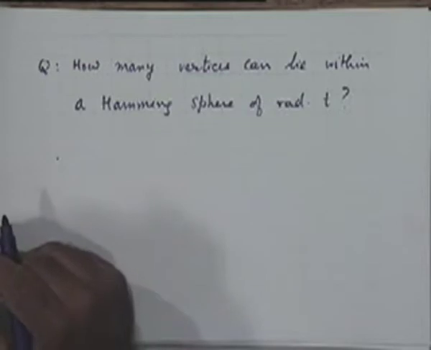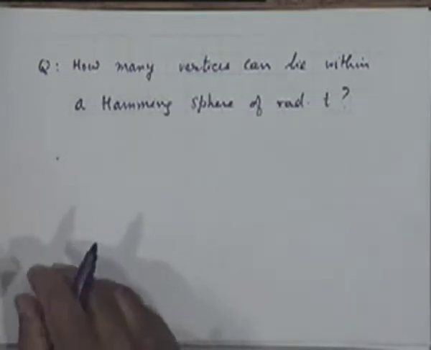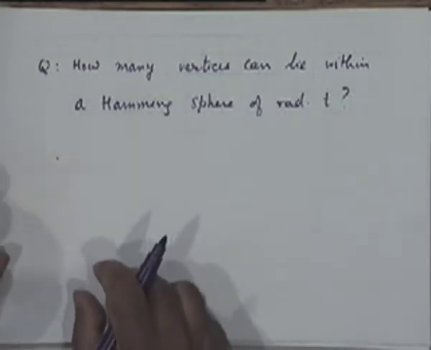What is the characteristic of all these vertices which lie within a Hamming sphere of radius T? We can think of them as if they are obtained because of errors in the channel on the basic code word, right?